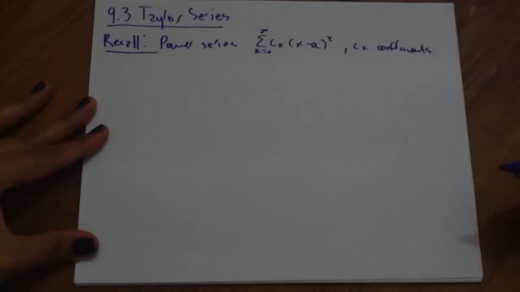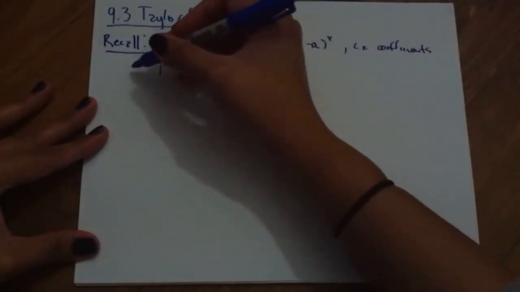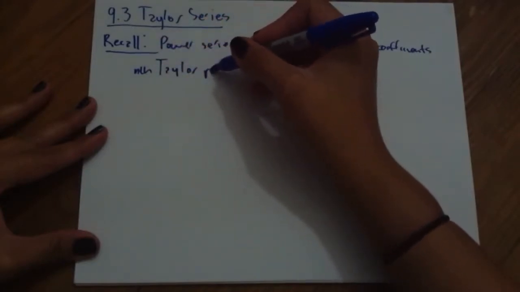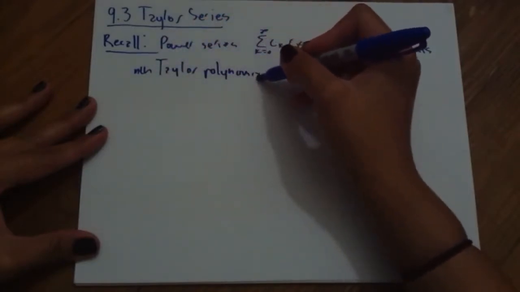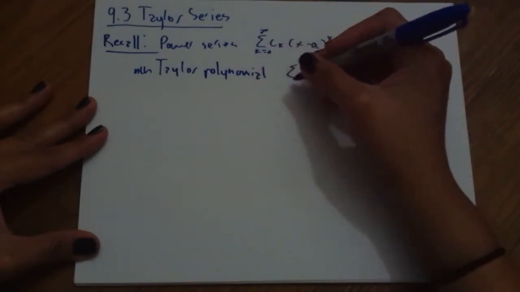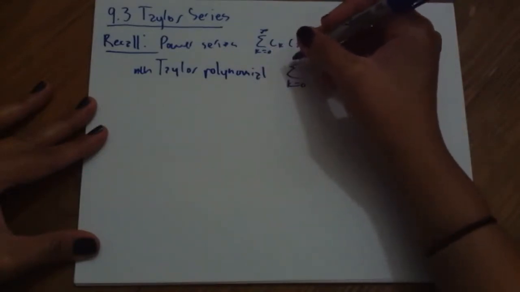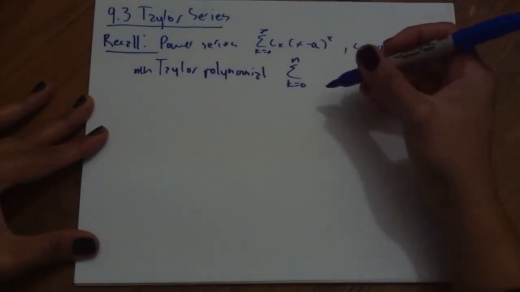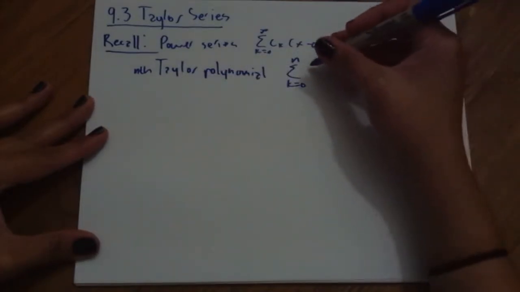on our power series. You guys also had a formula for your nth Taylor polynomial. What this looked like was a sum from 0 to n, so the degree of your polynomial tells you where to stop in your sum, of this guy.